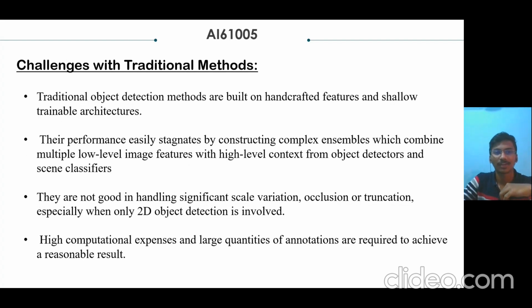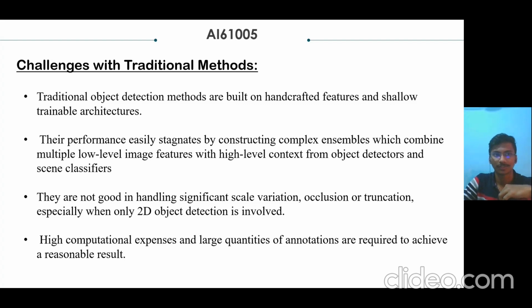So these are some failures of traditional methods. Traditional methods of object detection or any generic image recognition task build handcrafted features or rule-based features, which are then used to detect and classify images. These handcrafted features will not work if there is any small change in the image scale.